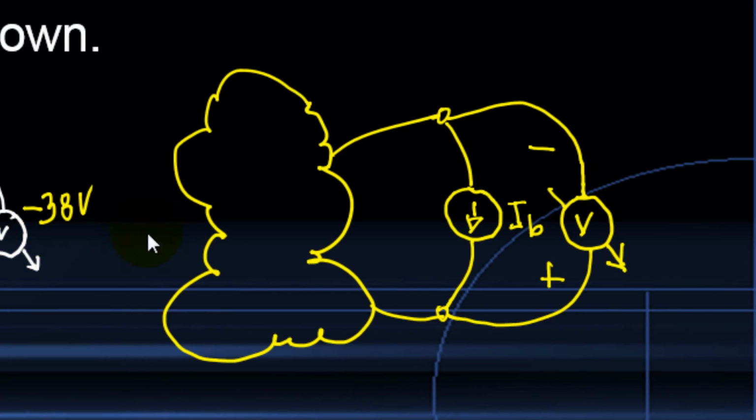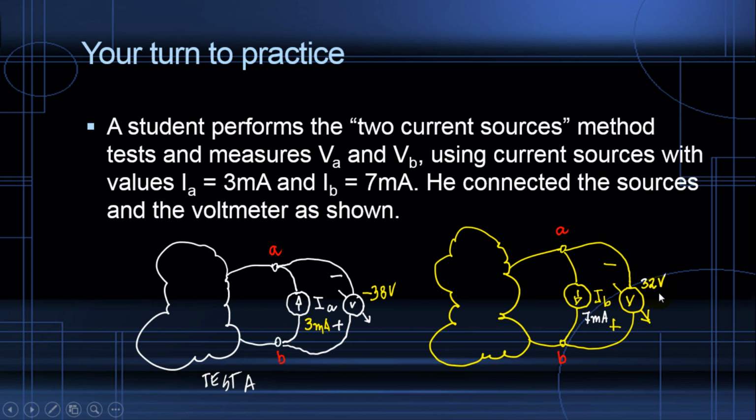For the second test, he connected this time the current source upside down. It's flowing from A to B this time, but the voltmeter he kept upside down with the black probe in A and the red probe in B. The values are 7 milliamps, and he read 32 volts in the voltmeter.